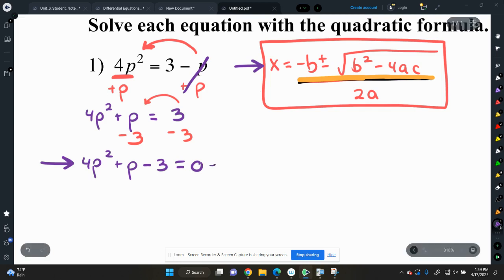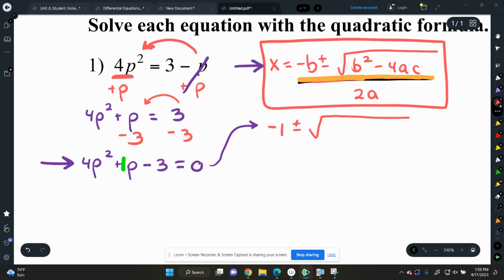Okay, so now let's do our quadratic formula. It says x equals, well, in this case, it's p. Okay, it doesn't matter if it's an x or a p. Negative b. So what's b equal to in this example? 1. b is 1. Okay, so we've got negative 1 plus or minus the square root of b squared.